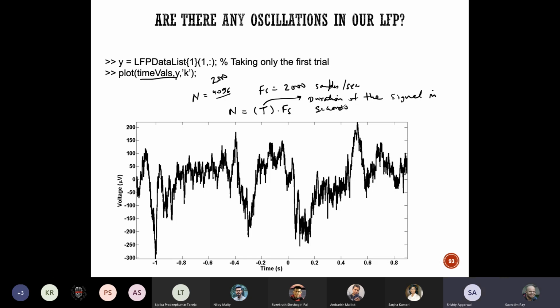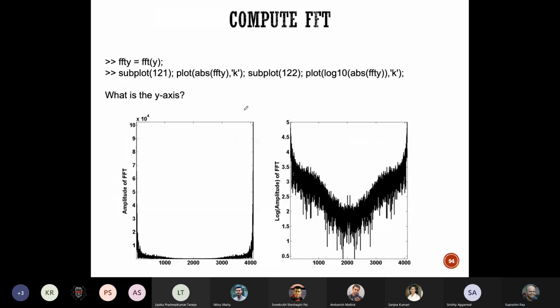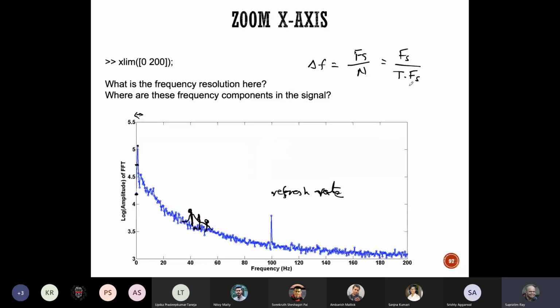So now if I apply this logic here, you will see what the frequency resolution depends on. It's actually not dependent on the sampling frequency, because what is N now? N is T multiplied by fs, the duration of the signal multiplied by the sampling rate.